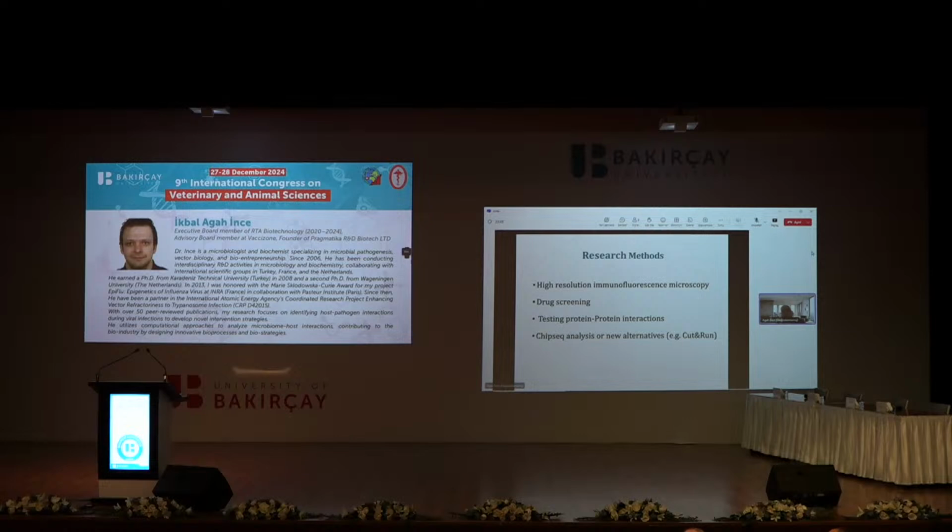So, for example, what type of research methods did I try? In recent years, the Nobel Prize went to high-resolution microscopy, super-resolution microscopy, and I combined it with high-resolution immunofluorescence microscopy in my studies. Of course, you can at the same time use drug screening platforms.